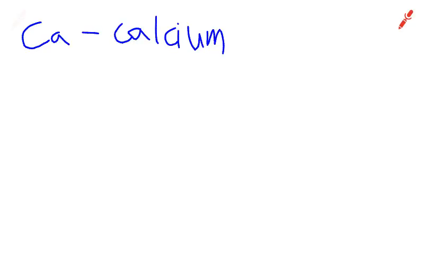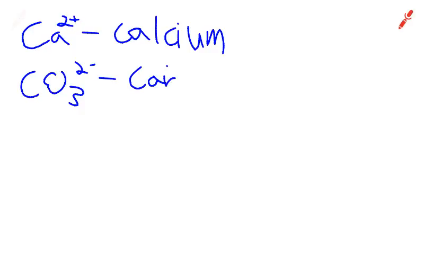The last thing I want to cover for today is how to name polyatomic compounds. So for example, let's take calcium carbonate. We know calcium is Ca. And let's take a polyatomic ion, carbonate, and we know that has the formula CO3 2-.